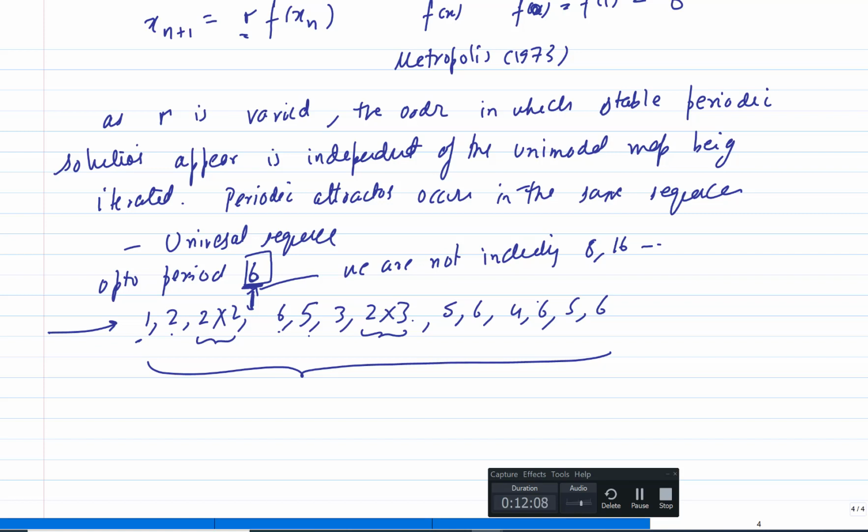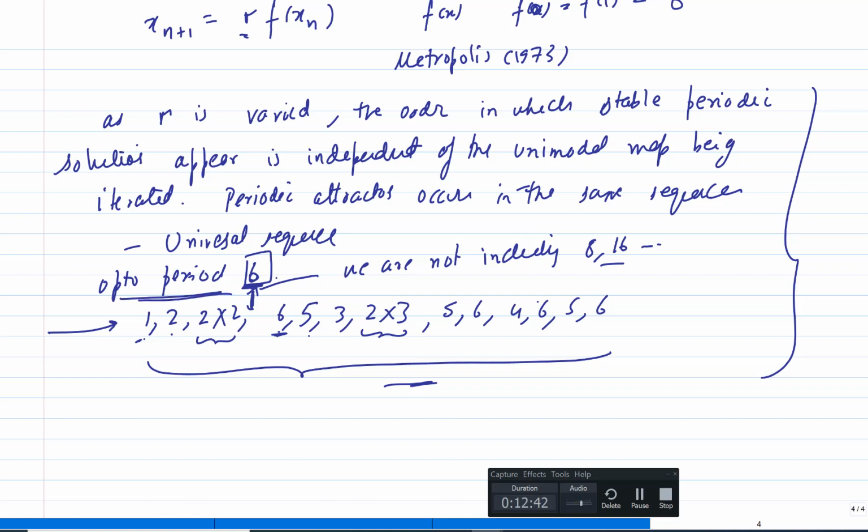So this is the universal sequence in which the periodic orbits occur, and this is going to be independent of the map. So this is basically the first universality result, the order in which these periodic orbits occur. A period 6 orbit would always be preceded by 1, 2, 4, and of course 8, 16, all those things we are not including. This is just the universal sequence up to period 6.